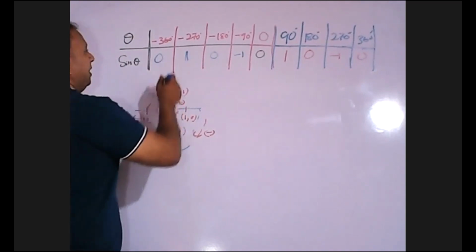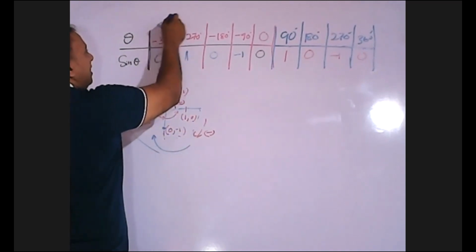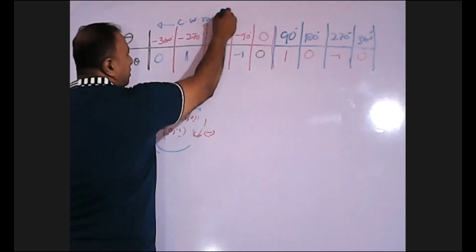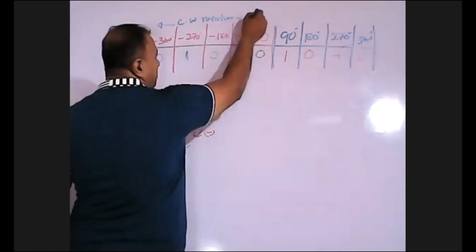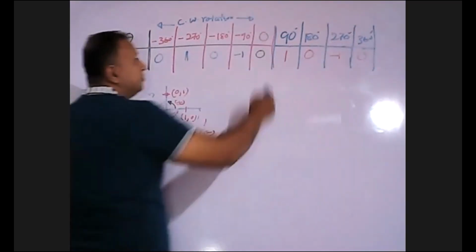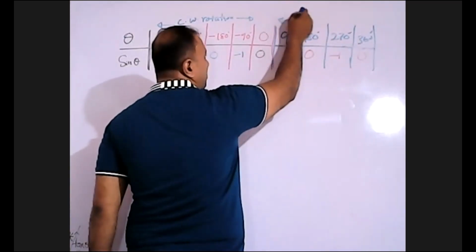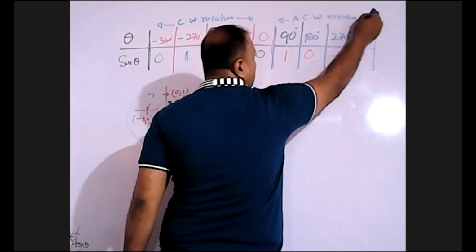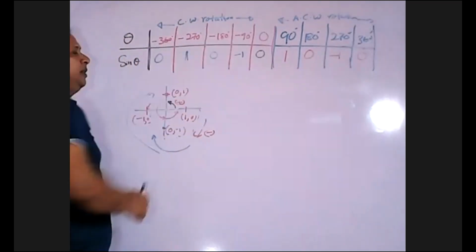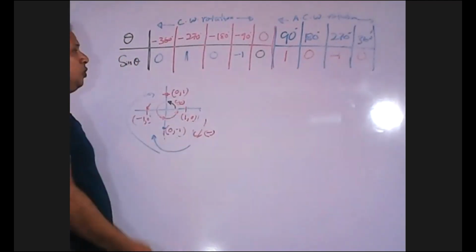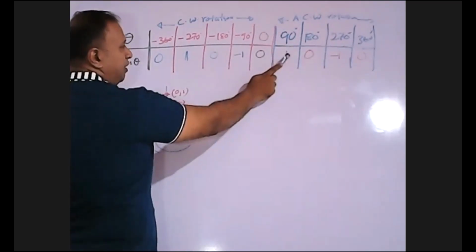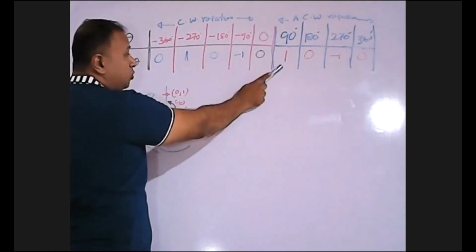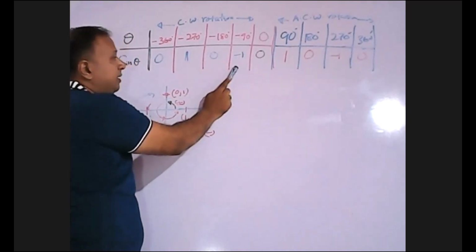This is clockwise rotation, and those are anti-clockwise rotations. You can clearly see sine 90 is plus 1, sine minus 90 is minus 1.